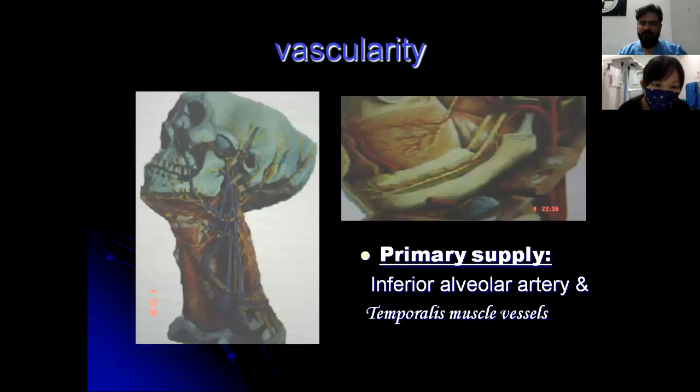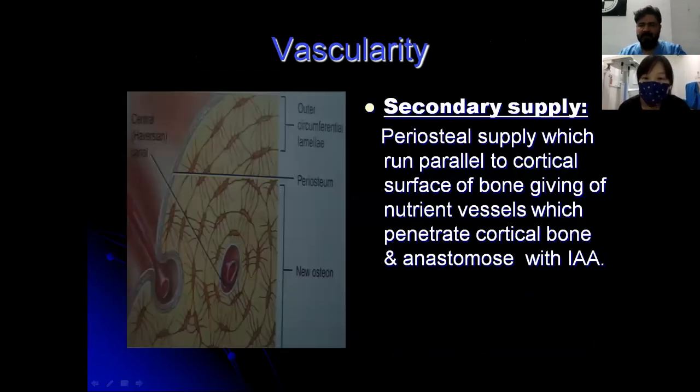Now its vascularity. The primary supply is the inferior alveolar artery and temporalis muscle vessels. The secondary supply is the periosteal supply, which runs parallel to the cortical surface of bone, giving off nutrient vessels which penetrate the cortical bone and anastomose with the inferior alveolar artery.